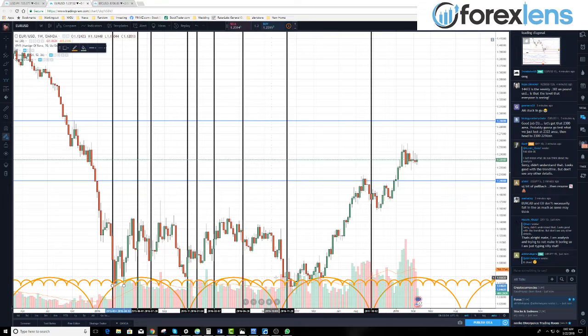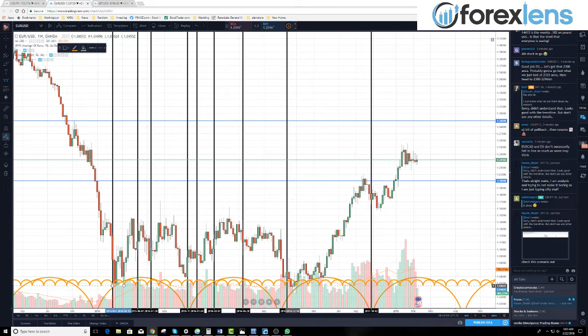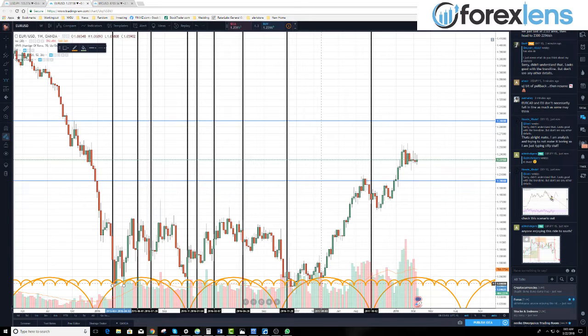Now, what do we got? Swing low area, swing low area, swing low area, swing low area. There's a swing low. There's a swing low. Not really, but a little bit afterwards. Swing low there. Not really.